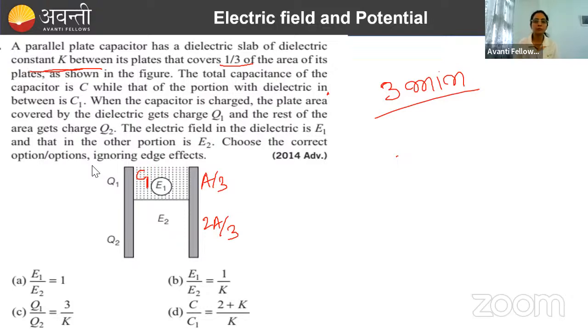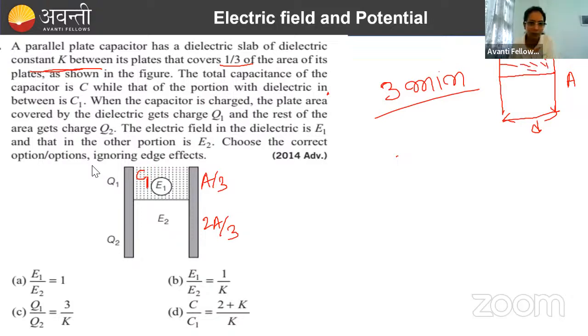Choose the correct options. First, let's see, there was a single capacitor, right? Its area was A and the distance between plates, let it be D. So what we did is, in some portion, we have kept some dielectric.